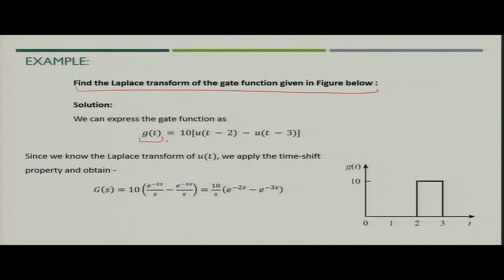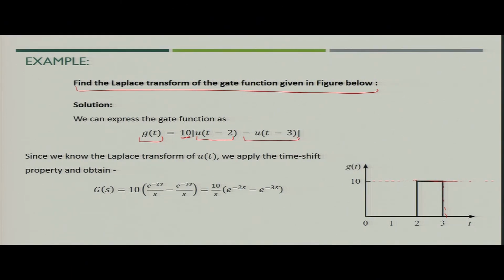You can say this function g(t) is nothing but 10, because 10 is the amplitude, multiplied by the unit step function u delayed by 2 time periods, so u(t minus 2). So, there is one function like this, and minus u(t minus 3) means there is another function like this. When you combine both of them, you can write minus u(t minus 3).